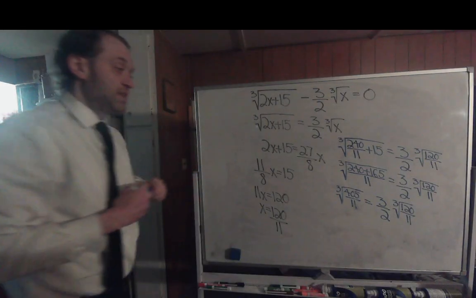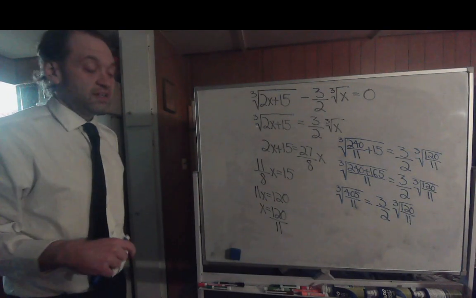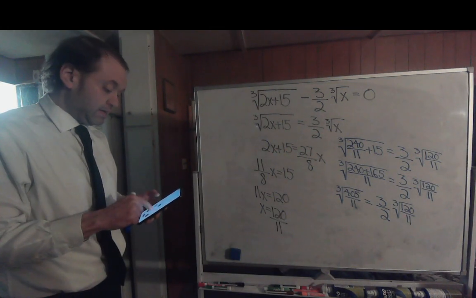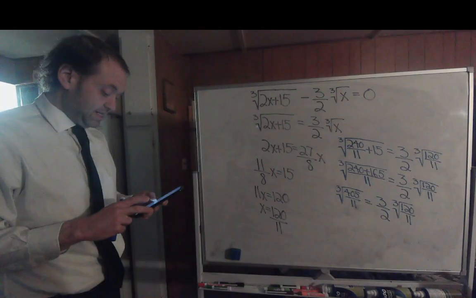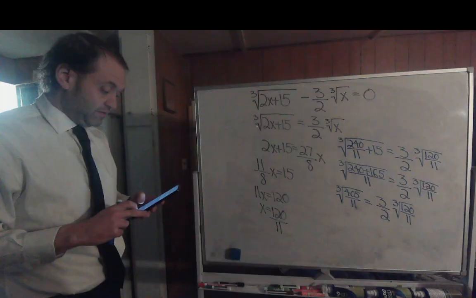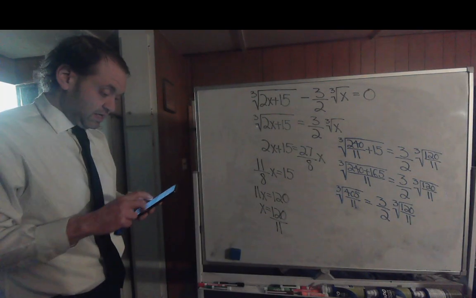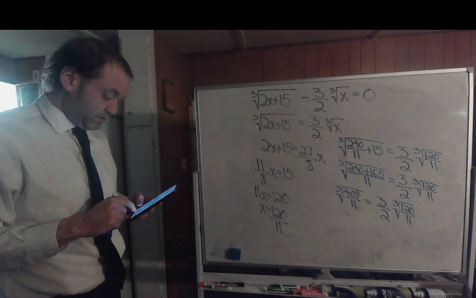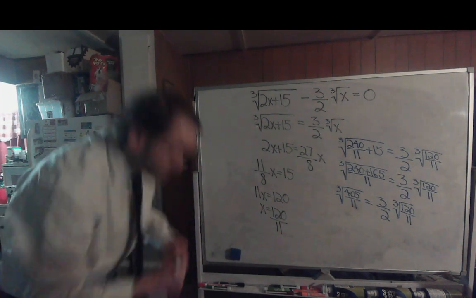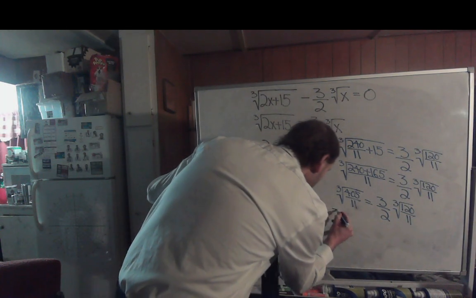Now we just take the decimal approximations and see if they match up, if they're in the ballpark. Alright, so let's see here. 405 divided by 11, take that to the 1/3 power, give you 3.327.